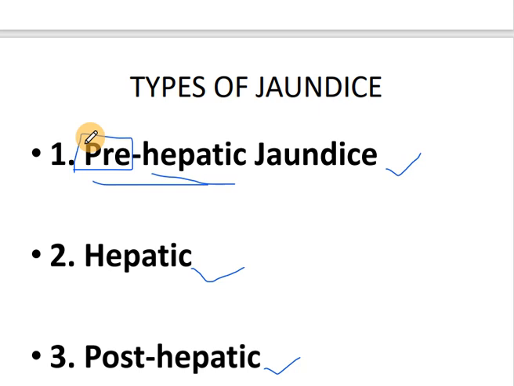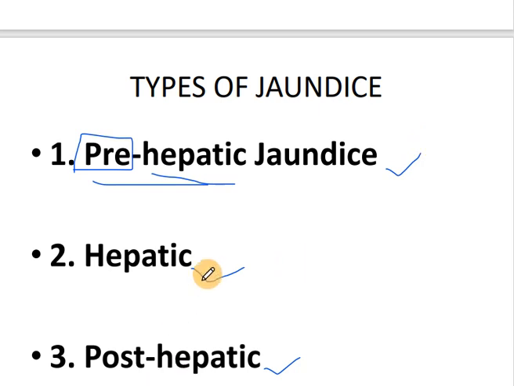This can be, let's say, a low level of glucuronic acid, maybe absence of the albumin, because all these compounds help in transport of what? The bilirubin from the blood to the liver. So if any of these disorders is there, this can cause a high elevation of the bilirubin level. That can cause a prehepatic jaundice. So the prehepatic jaundice basically leads to an increase in unconjugated bilirubin.